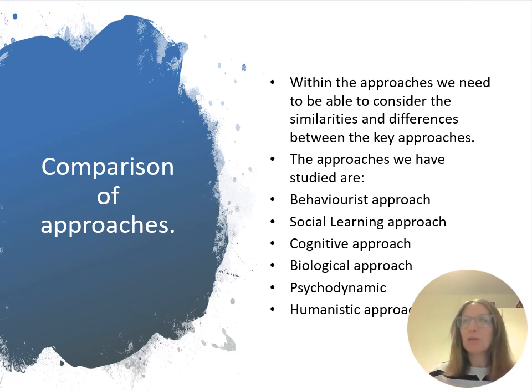CBT as one of the treatments in the psychopathology topic, eyewitness testimony in memory, a lot of the memory multi-store model, you can use that in the cognitive approach. Working memory model as an alternative developed version of the multi-store model, you can use those, link them to input, throughput, output for the cognitive approach.